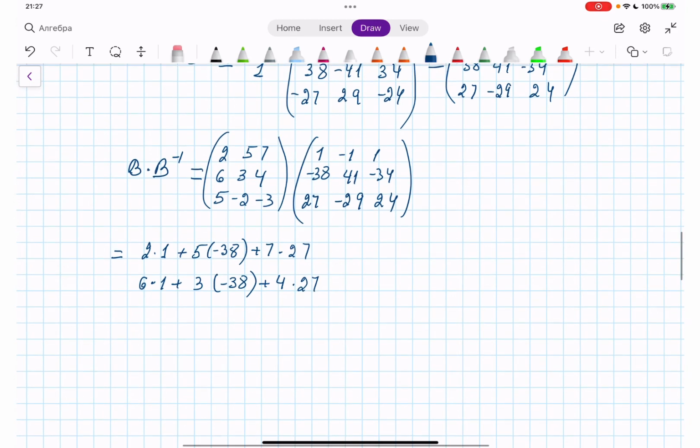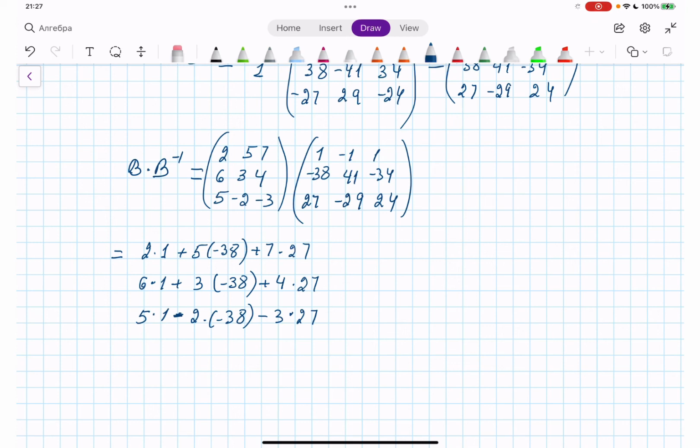And the third row in the original matrix, multiplying by the first column in the inverse matrix, right? So 5 times 1 minus 2 times negative 38 minus 3 times 27. Okay.